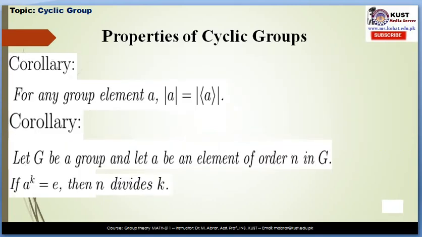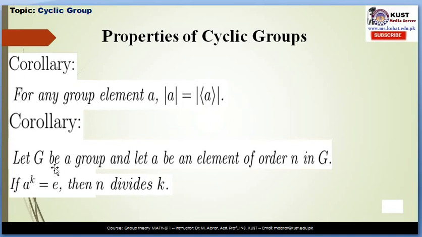Here we see some immediate consequences of this theorem. The first one says, if we take any element from the group, then the order of the element and the order of the cyclic group generated by that element a are the same. So it directly follows from the above theorem. We can easily write just a one-liner proof here.